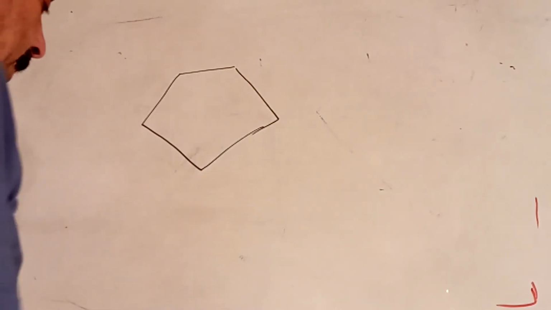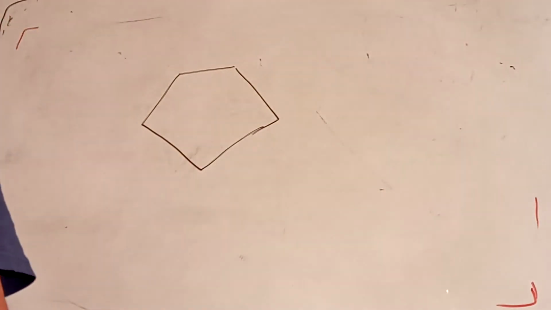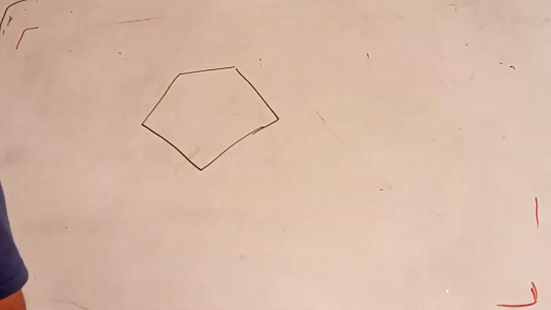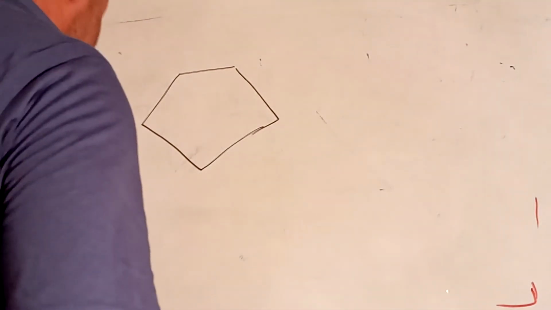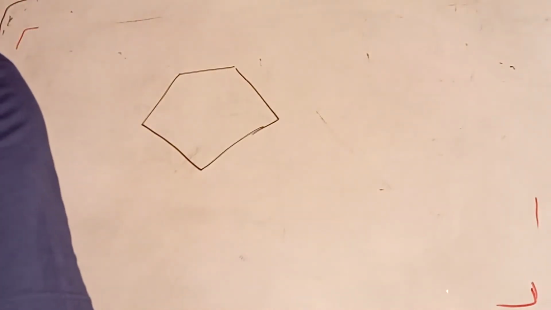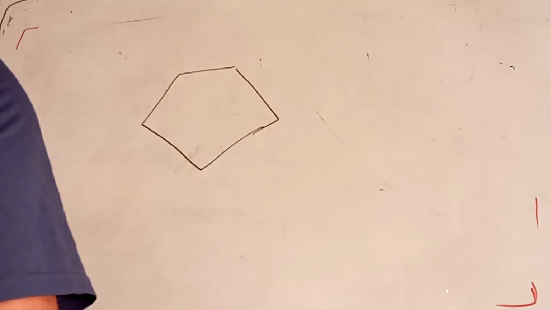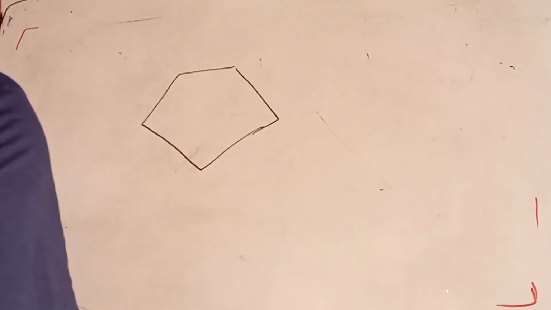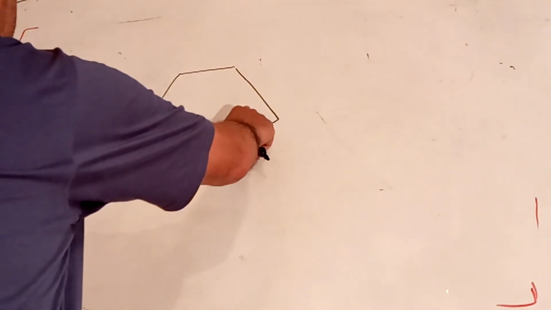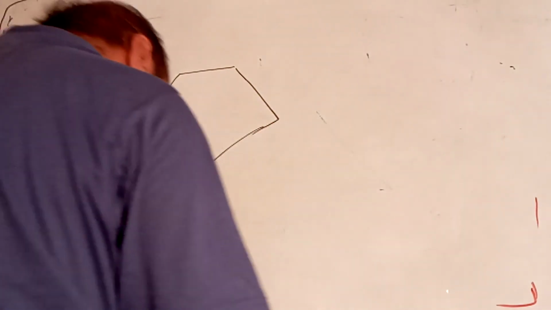So it has 5 sides. I don't know how many lines it will have. One, two, 1, 2, 3. Let me see how it comes.